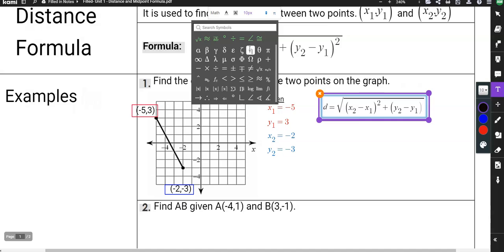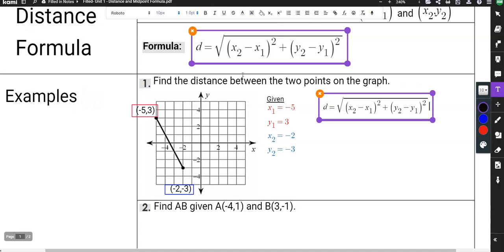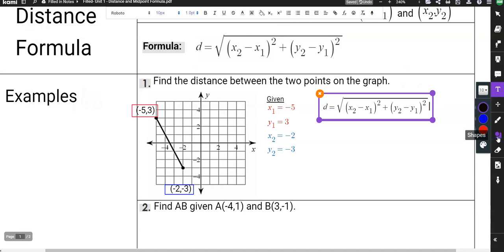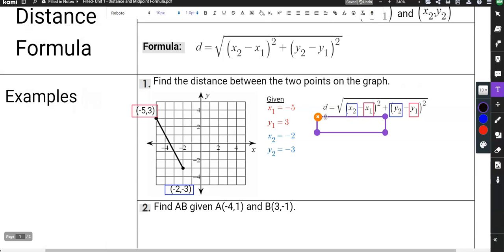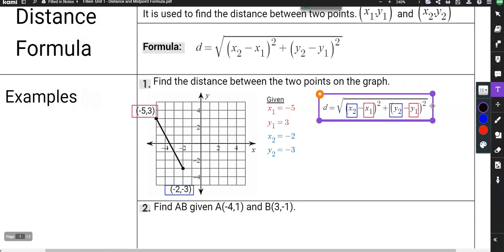And again, we're going to square that as well. Now we have to do our substitution. So what I want to do first is use my shape tool and box in where I'm going to put in my red points, so here in the ones. I'm going to do the same thing with my x's, or my point 2, so that when I do the substitution in the next line, it will be just as obvious where I got it from.